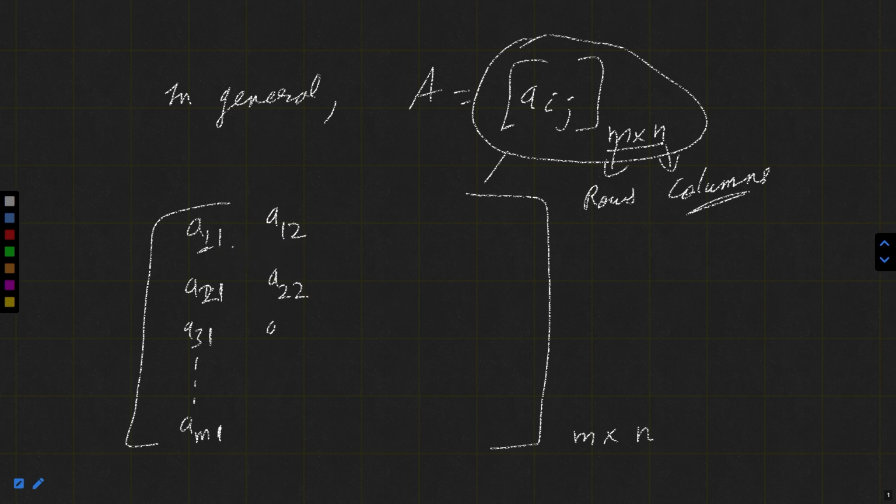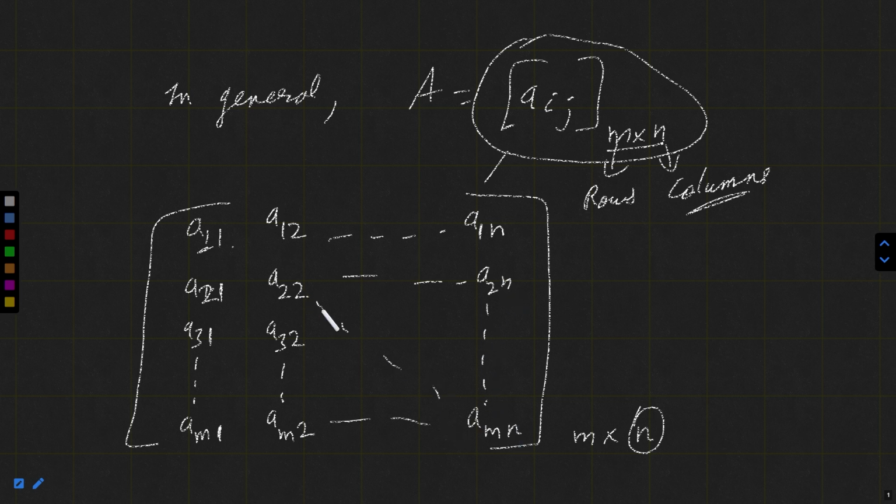Second row, second column. Third row, second column. Mth row, second column, till you get first row, nth column. You will be having n columns. So second row, nth column, till you get the mth row, nth column. Now as you can see, the total number of entries will be m multiply n. Okay, I hope that it is clear.